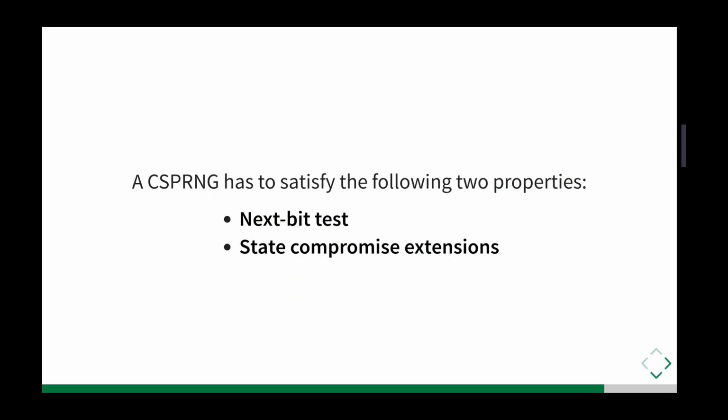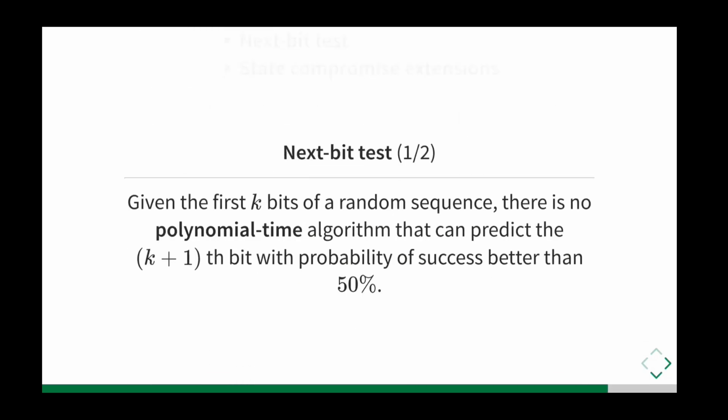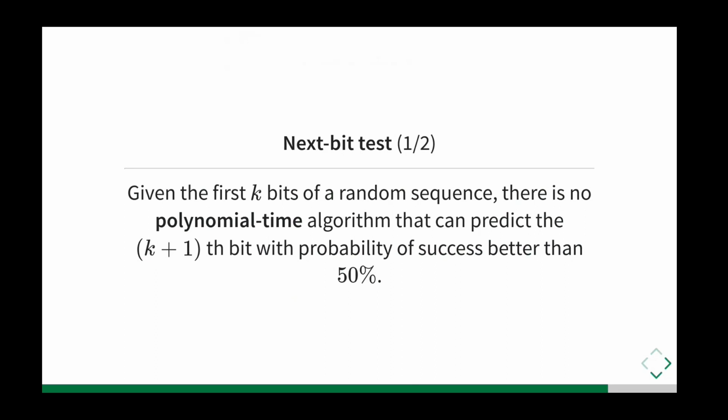Now, a secure generator has to satisfy 2 properties, called the next bit test and the state compromise extensions test. The first is a bit formal. Given the first k bits of a random sequence generated by this generator, there is no polynomial time algorithm, which is fast, actually usable, that can predict the next bit with probability of success better than 50%.